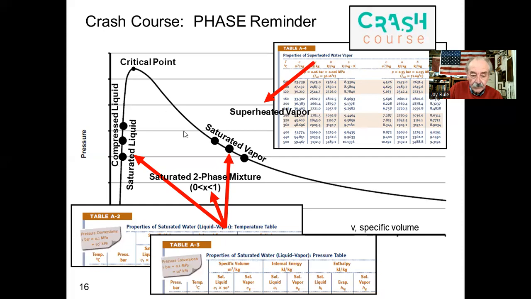If you're on the dome or under the dome, depending on your specific problem, you're going to use either the temperature table or pressure table, depending on what's easiest for you. And you will look up, here's internal energy, right here. See me wiggling my cursor. Internal energy as a function of pressure and or temperature on or under the dome.